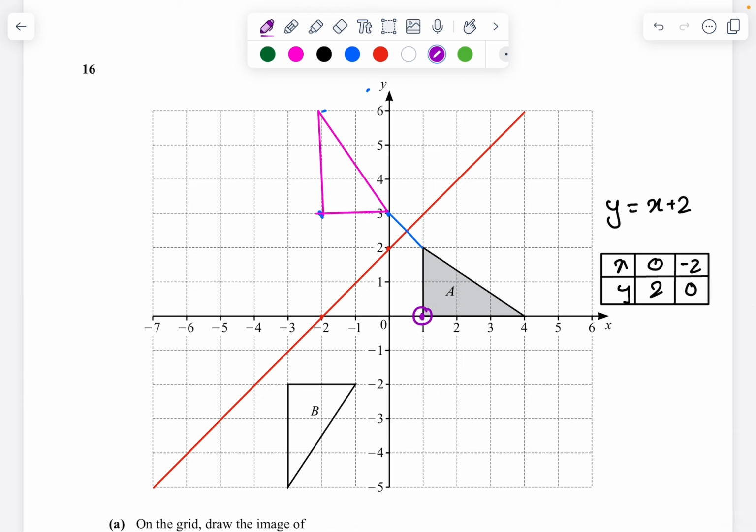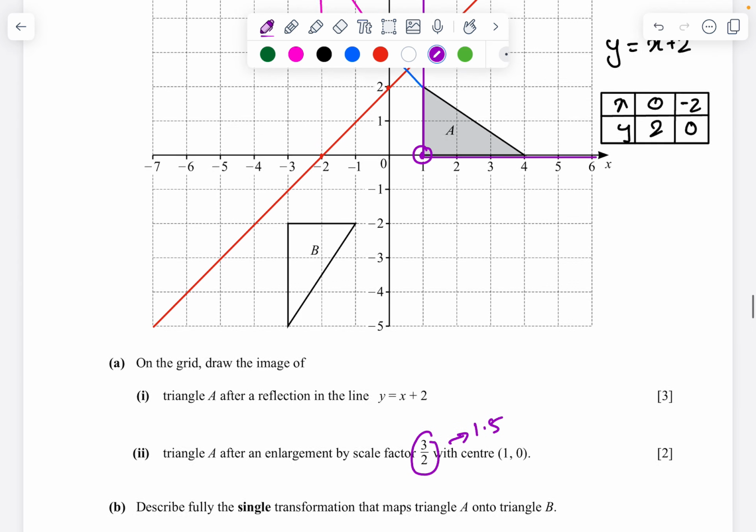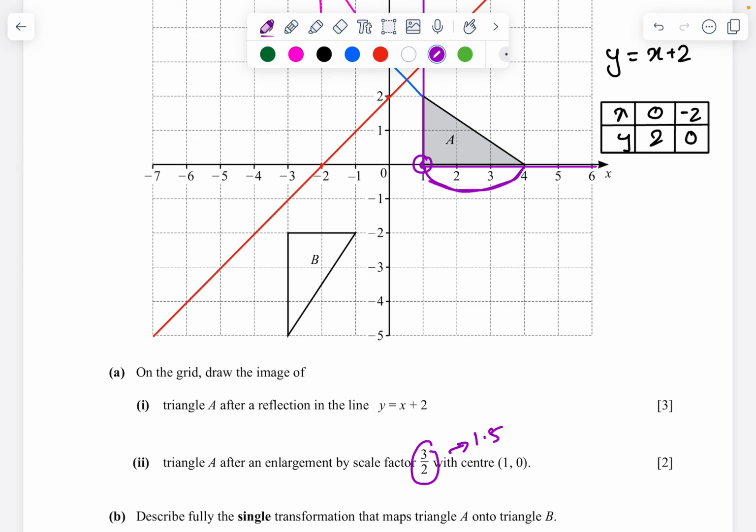Now enlargement. So first join all the vertices. It has been joining all the vertices. And the scale factor is 3/2. 3/2 means 1.5 times. This distance is 4, so 4 times 1.5 will become 6. So this will be the next one.